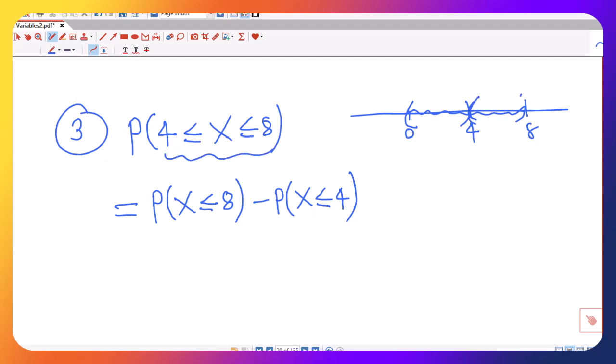The probability that capital X lies between 4 and 8 can be written as the probability up to 8, that is the probability that capital X is less than or equal to 8.